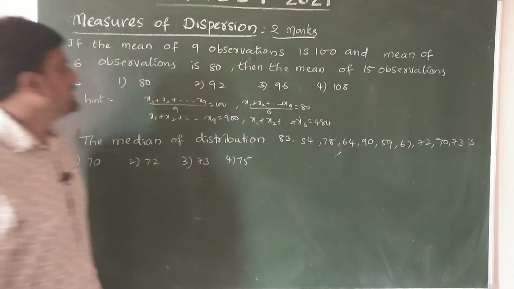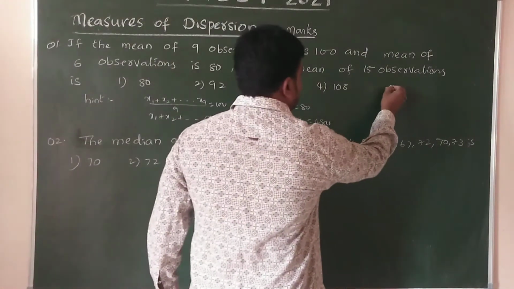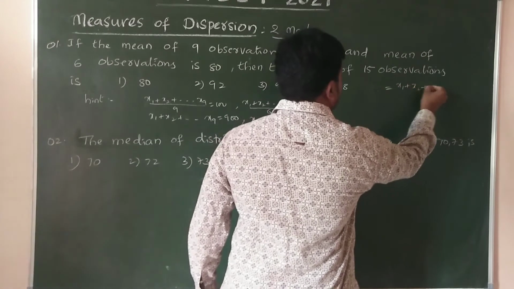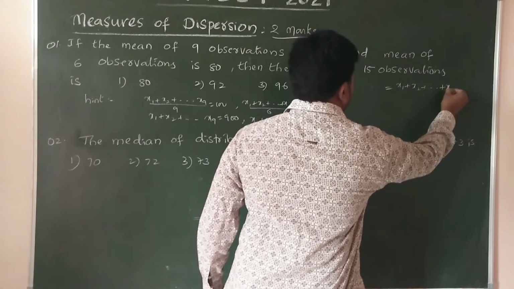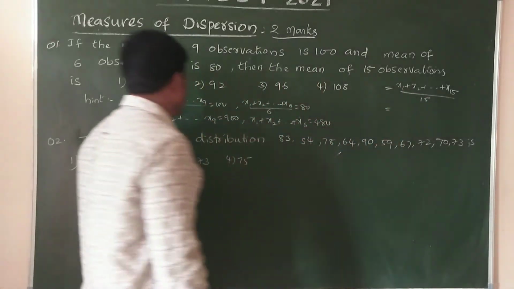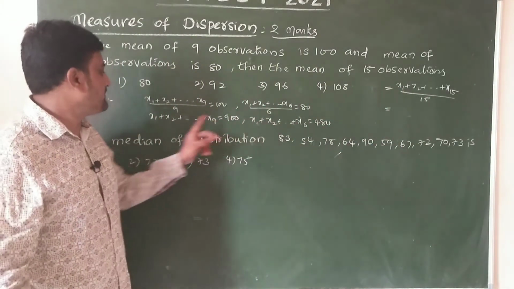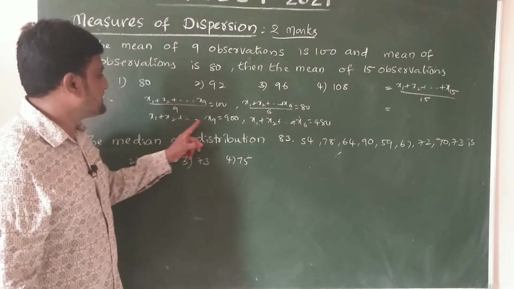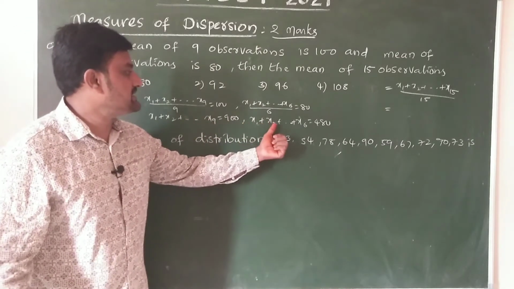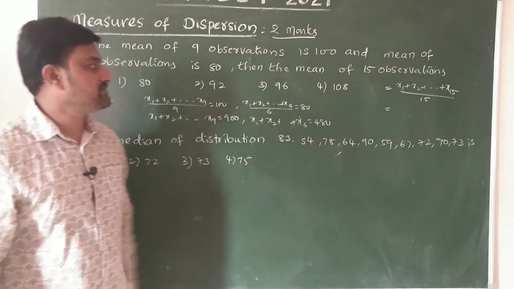Okay, then we need the mean of 15 observations, which equals (x1 plus x2 plus so on plus x15) by 15. Yes or no? Okay, then suppose adding both, then we'll get what? x1 plus x2 plus x3 so on x9, and also x1 plus x2 plus so on x6.